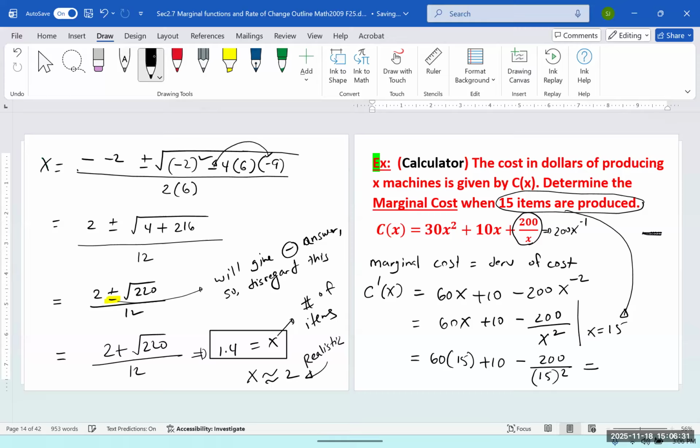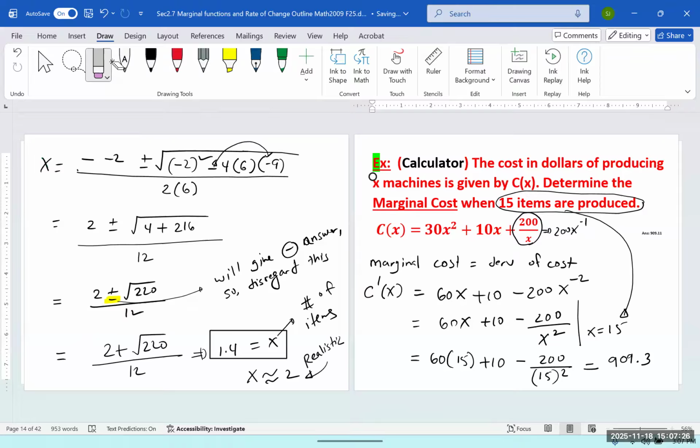Now you're allowed to use the calculator and find out how much this is. 909.3. It says 909.11.